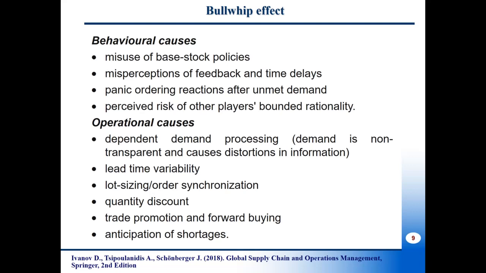Each cause can be complicated by a variety of managerial decision-making heuristics and bounded rationality. Second, about lead time variability. Supply unreliability will trigger downstream members to place larger orders to anticipate stock out.